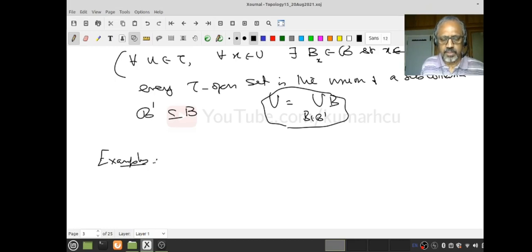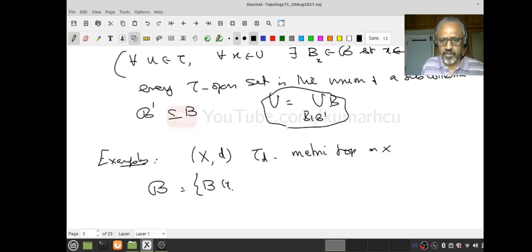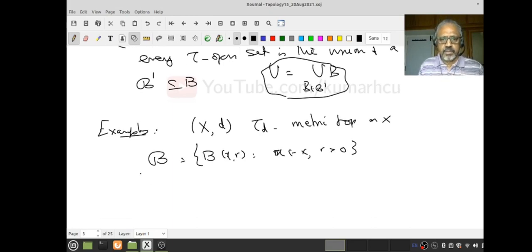So what are the examples? Let us look at a lot of examples. The first example is if (X, d) is a metric space and tau_d is the metric topology on X. Then what is our collection B? This is all B(x, r), so that x is in X and r is positive. This is a basis.